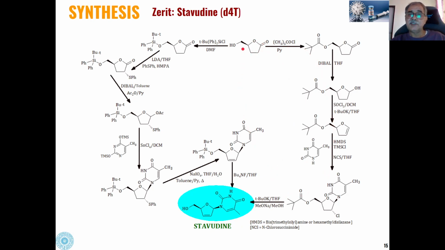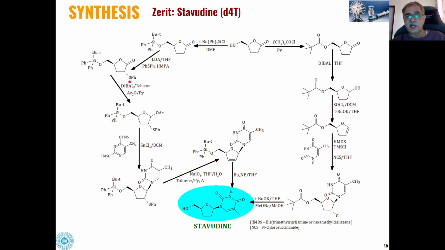Then another method is that we can use tertiary butyl diphenyl silyl chloride and DMF. The corresponding silyl ether of this alcohol will be formed for the protection of this hydroxyl group. Then this will react with lithium diisopropylamide in THF with diphenyl disulfide in hexamethylphosphoramide. Basically, what will happen?